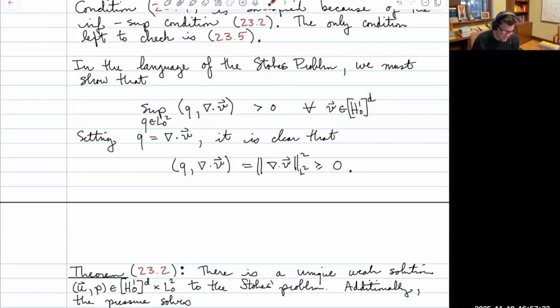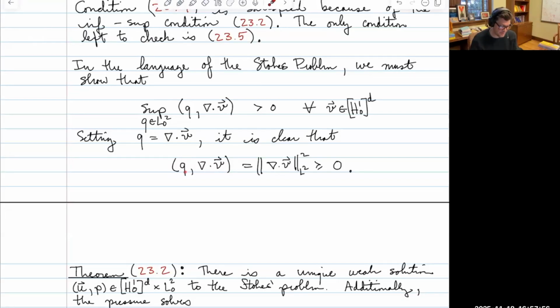We almost have it because we have that objects which look like this have at least one component which is greater than 0. We're looking for the supremum. Okay, so if one part of that gives us a number that looks like this, which is greater than or equal to 0, then the supremum, well, what can we say about it? Well, it could be exactly equal to 0, but we're hoping to find that it's strictly greater than 0 once we take the supremum over all possible q.